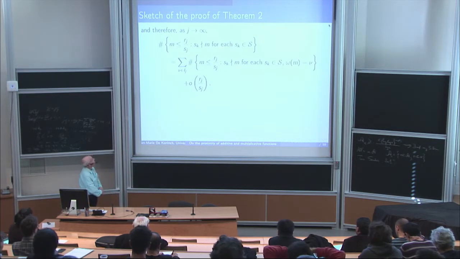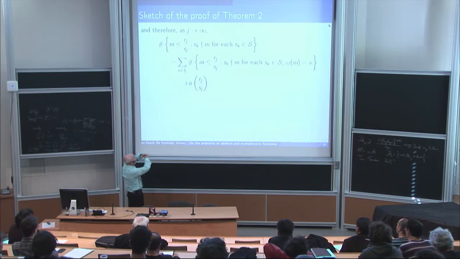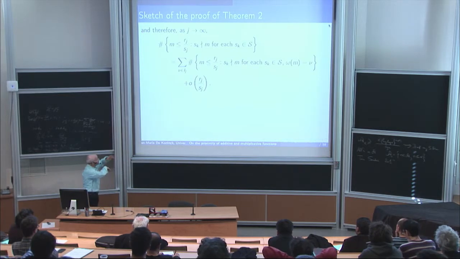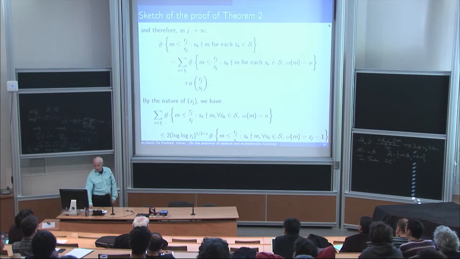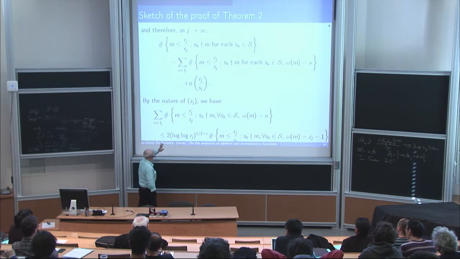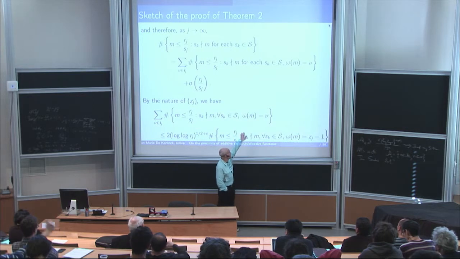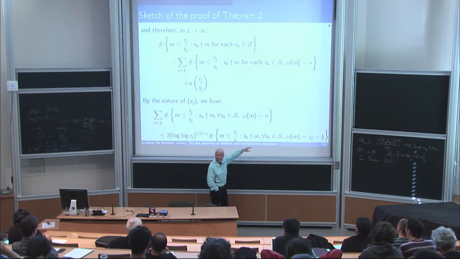So the number of elements up there is the sum over all the nu in Ij, plus a small o of this error term that I introduced. Now, by the very nature of zj, look at this set. Remember that it reaches the maximum value when omega of m is equal to zj minus 1.